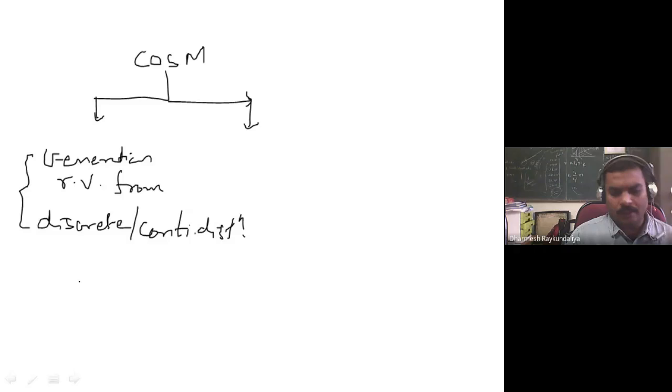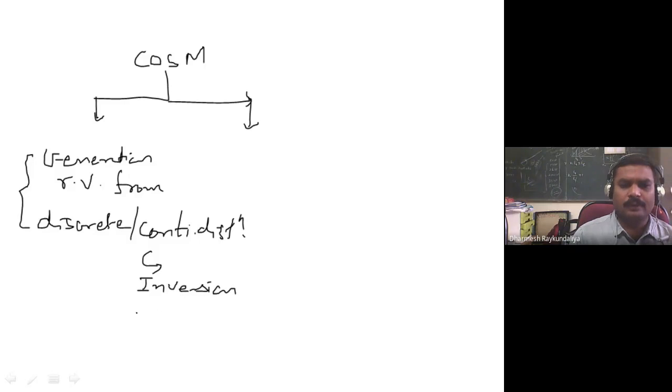We will see some other methods of generating random variables from a continuous distribution. One method is the inversion method. Based on the inversion method, we can generate random numbers from an exponential distribution.